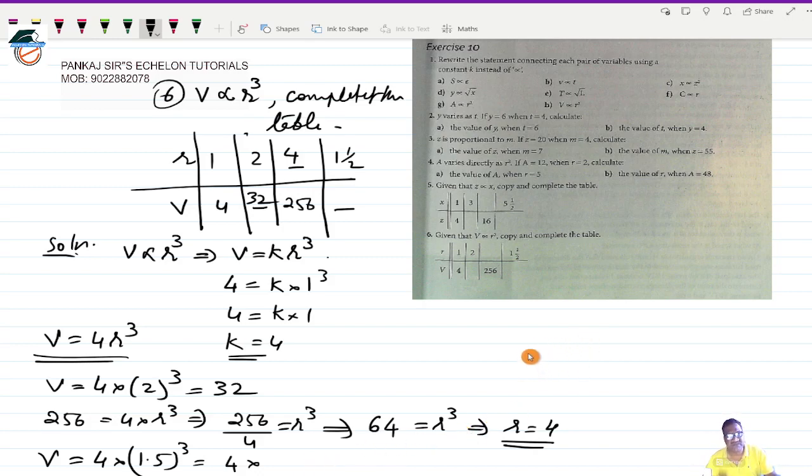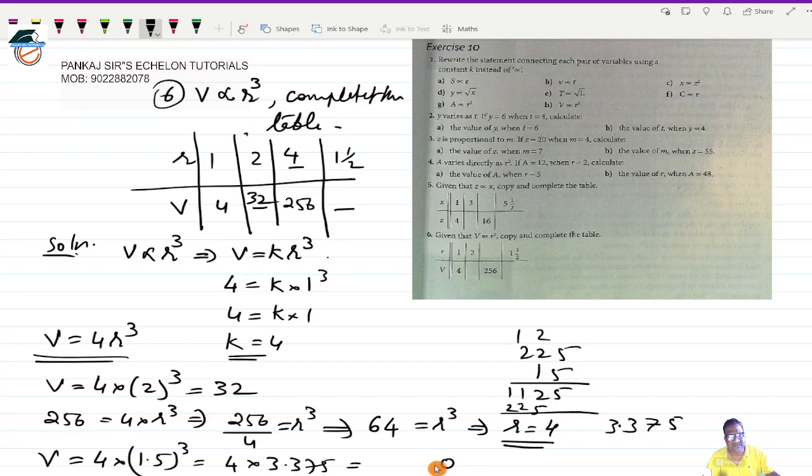Like 15 square is 225. 225 into 15: 5 5s are 25, and so on, and you get 3375, and then there are 1, 2, 3 decimal places. So it will be 3.375.